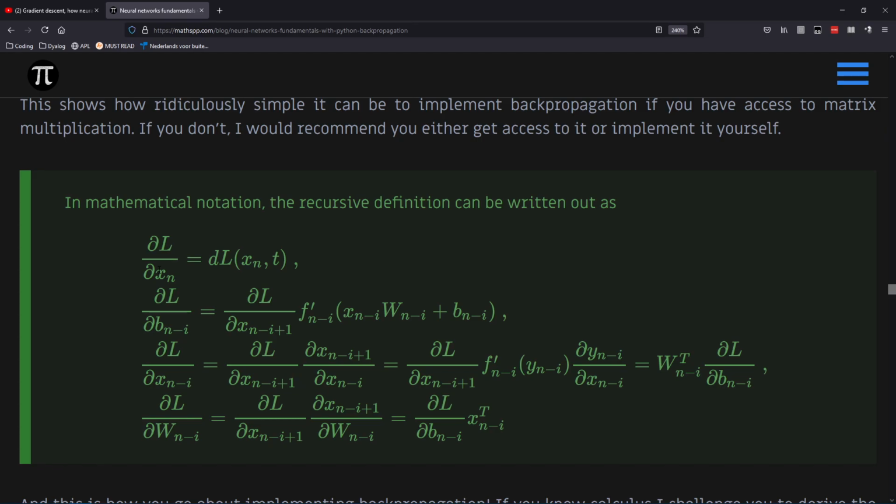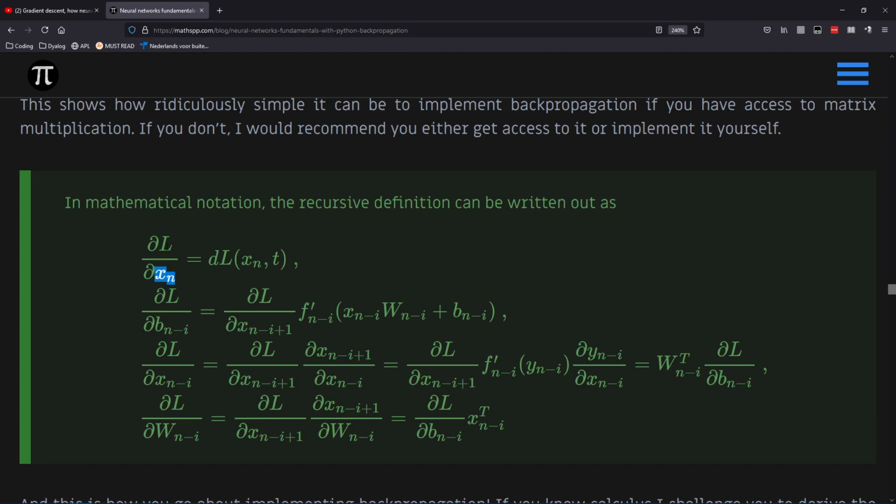So if you recall, that produces a vector of x's. That's exactly what's going on here. This xn is the last one, and this x of n minus i is some x in that vector. So those things we know how to compute. These are the intermediate outputs of the network.